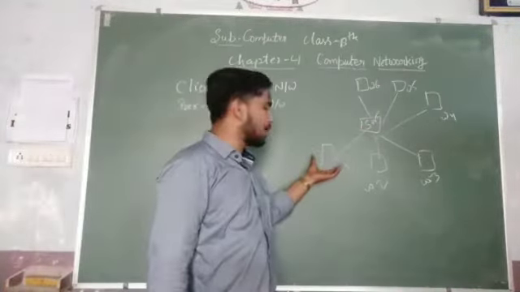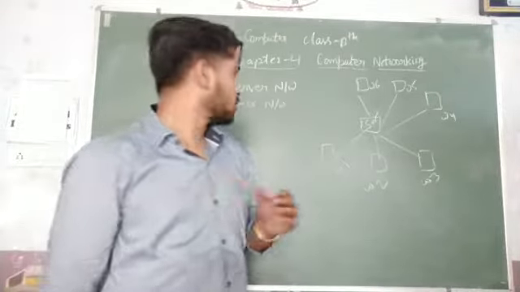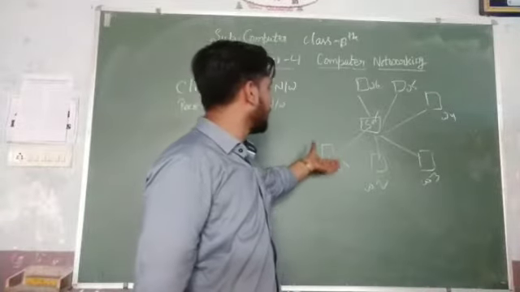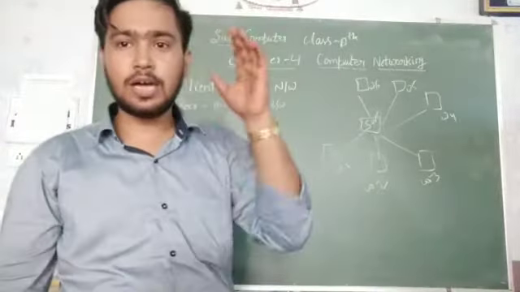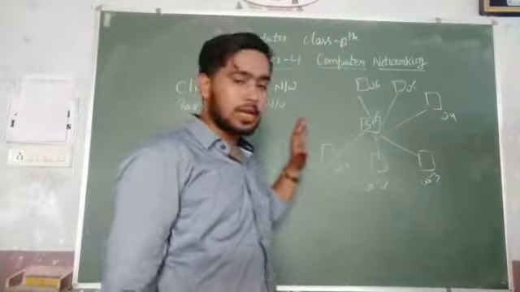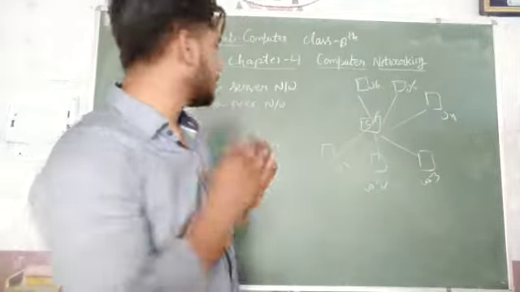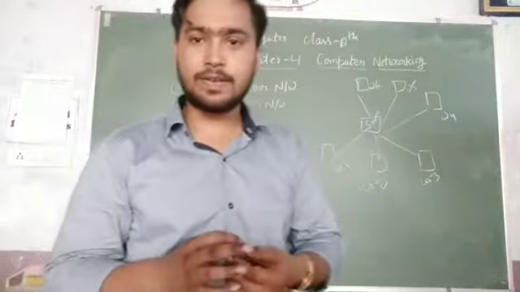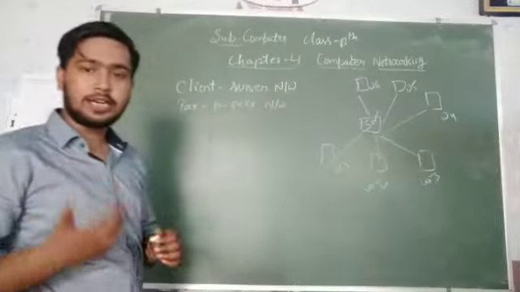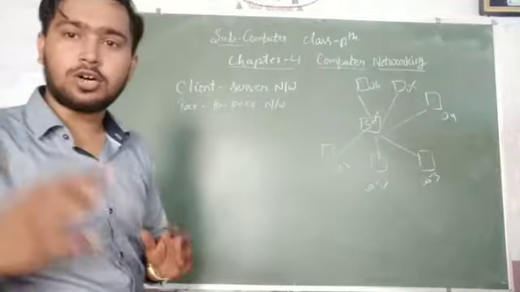These nodes are also called workstations. The workstation requests a query, and the server responds on the basis of the query of the client or workstation. This network is called a client-server network.